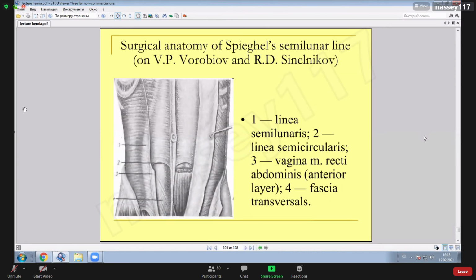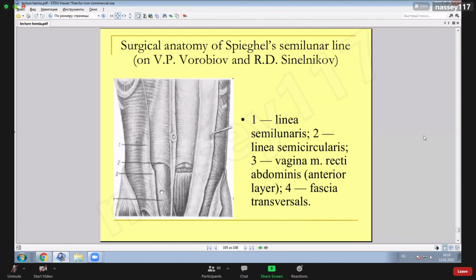Surgical anatomy of the Spigelian semilunar line. First one, it's the Spigelian line here, linea semilunaris. Second, it's the linea semicircularis or Douglas line. Yes. Third one, it's the vagina musculus recti abdominis, anteriorly of the vagina.